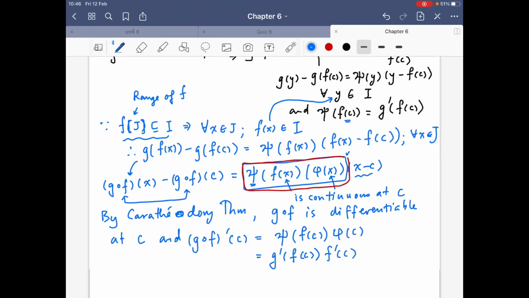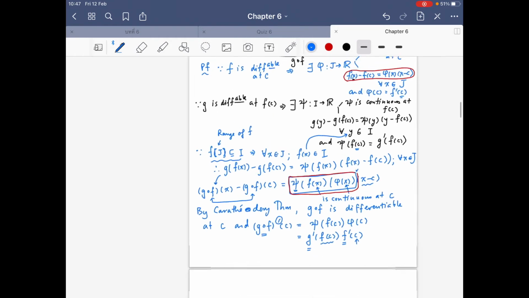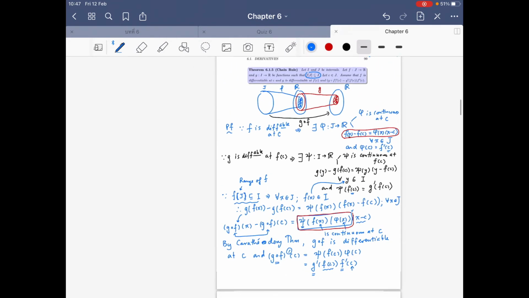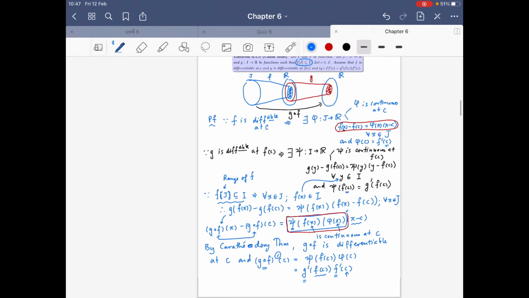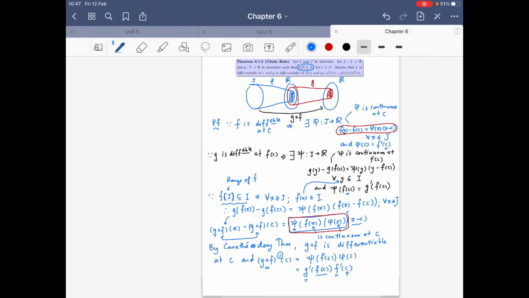All right, so we have the composite derivative equal to the derivative of g evaluated at f(c) multiplied by the derivative of f evaluated at x equals c. So this is the chain rule that you have learned, and this is how you prove it using the Carathéodory theorem twice.